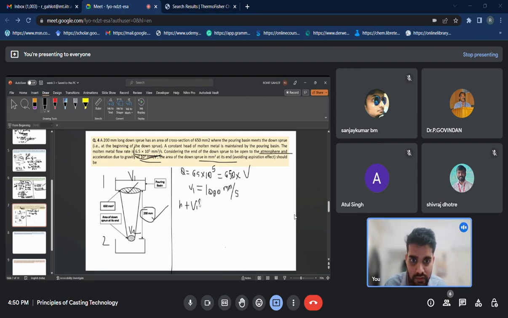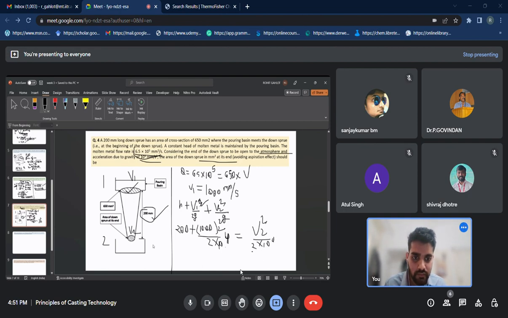Then I will write the Bernoulli equation again, avoiding the pressure term. So h1 plus v1 square by 2g equals v2 square by 2g. Then h is given as 200 plus v1 I have calculated as 1000 square by 2 into g, which is 10 to the power 4.